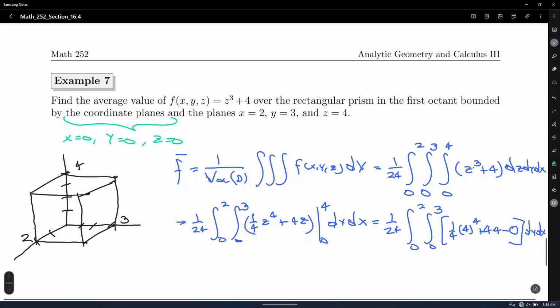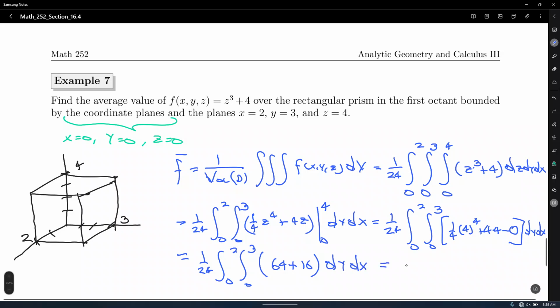Okay, don't use your calculator to evaluate this number. This is 4 to the 4th power. Divide that by 4. Isn't that going to be 4 to the 3rd power now? Which is an easy number to calculate in our heads. Isn't that 64? So that's 1 over 24 times the integral from 0 to 2 and from 0 to 3 of 64 plus 4 times 4, which is 16. No, it's not minus, it's plus actually. That's going to give us 80.